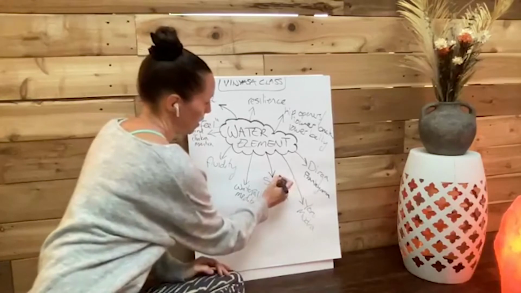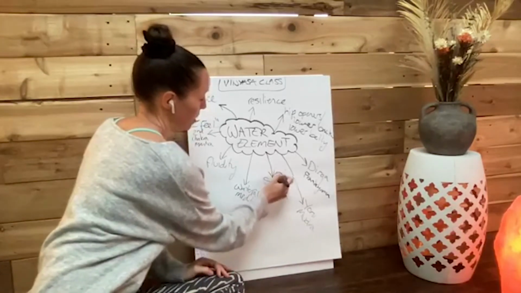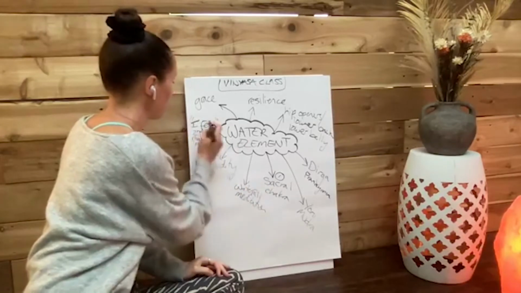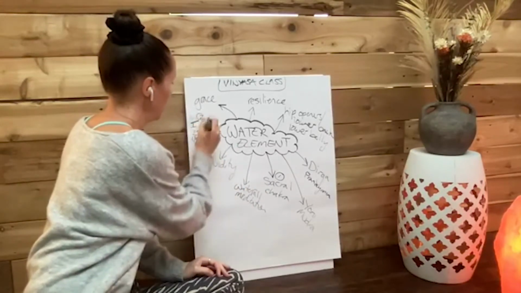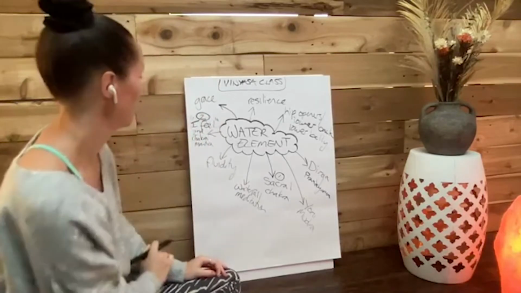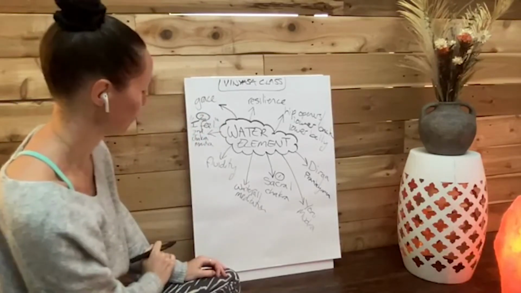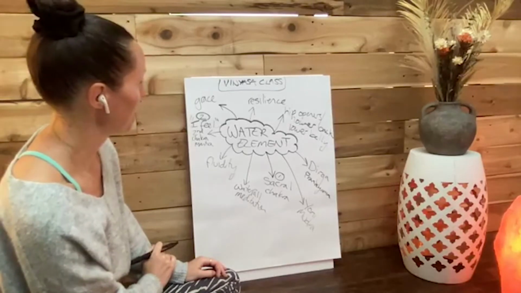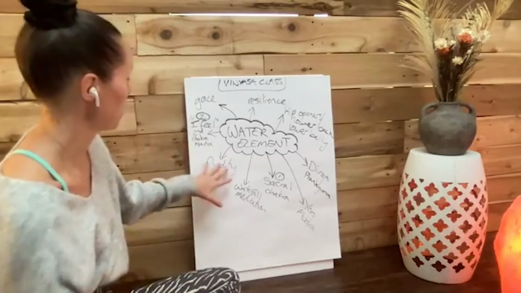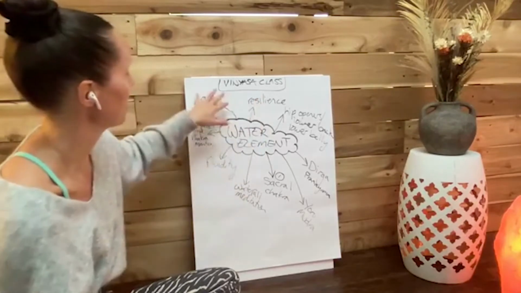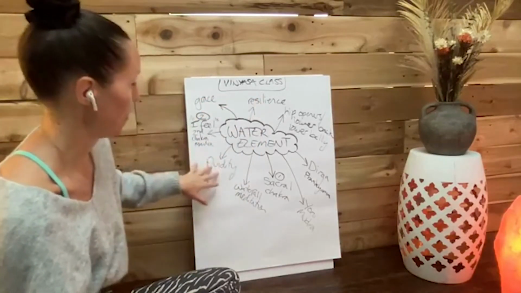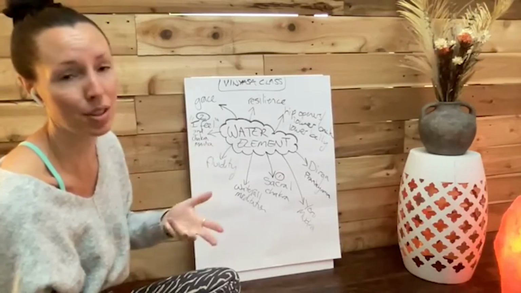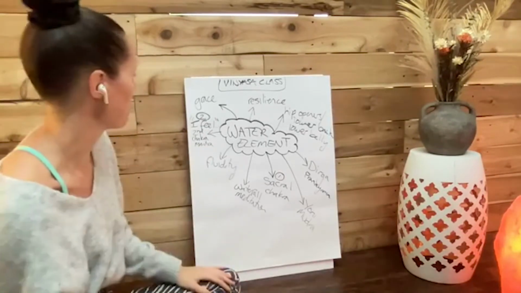So that's where we're going to start. We're going to start with the theme of water element being governed by the sacral chakra, and that leading us to the I feel mantra. I would then talk about the qualities of water, so the fluidity, the resilience, the grace, and how we might incorporate those qualities into the movement part of our practice.